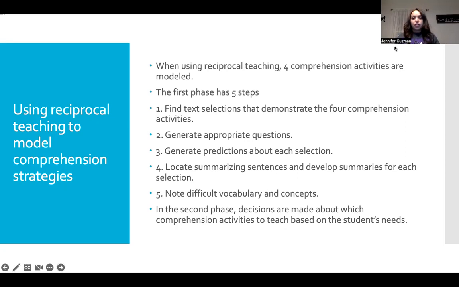Number 3, generate predictions about each selection. Number 4, locate summarizing sentences and develop summaries for each selection. Number 5, note difficult vocabulary and concepts. In the second phase, decisions are made about which comprehension activities to teach based off the students' needs.